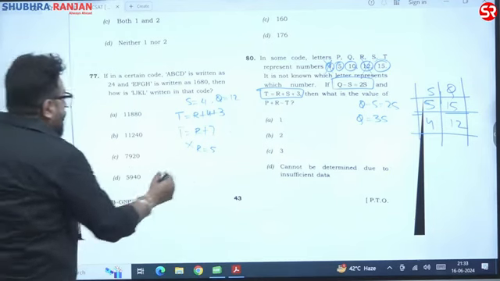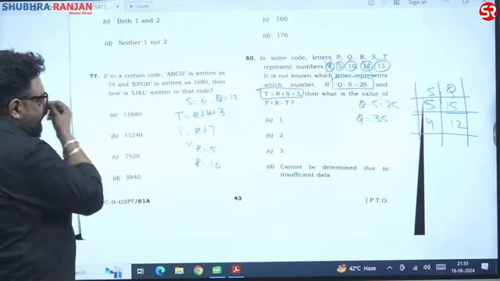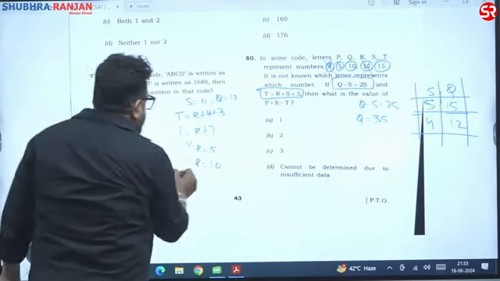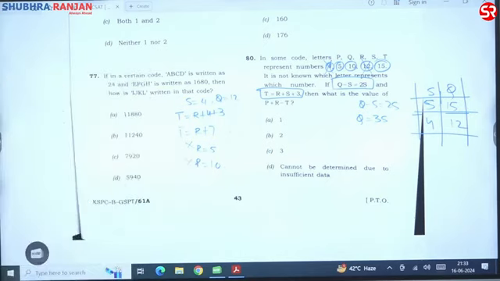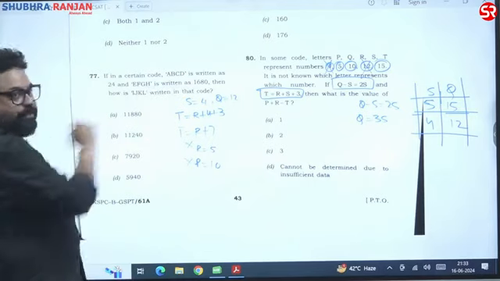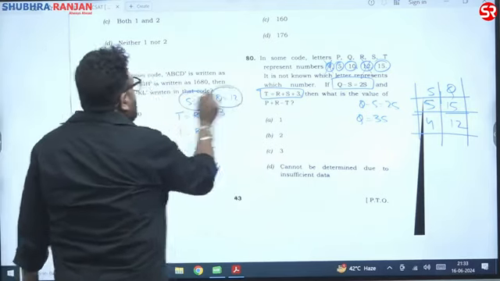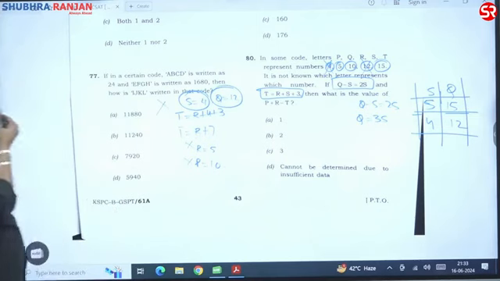If you take R as 10, in that case T is equal to 17. 17 is not there, 17 is not possible. And R is equal to 15 you cannot take, 15 plus 7 is 22 is not there, right? So S4Q12 is not working over here.